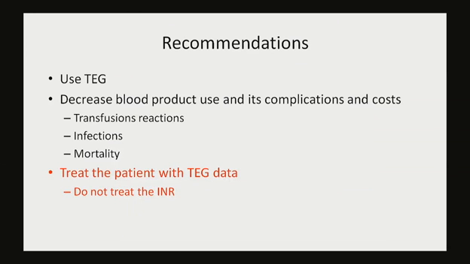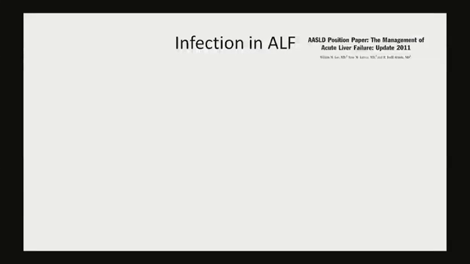Use TEG data, use blood products sparingly, will decrease infections, decrease overall mortality, because we understand treating the hemoglobin is best advised when hemoglobin's in the 21 to 23 range, not in the old parameters where we are treating hemoglobins less than 12 to 13. Keeping hematocrits in the 21 to 23 range instead of in the 28 to 30 range is advised.